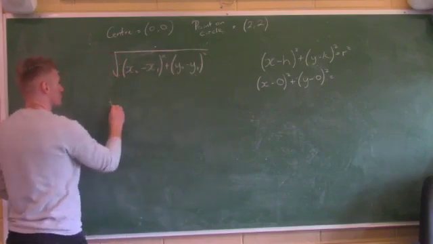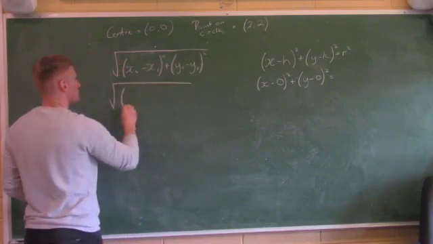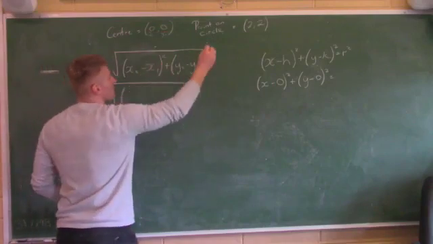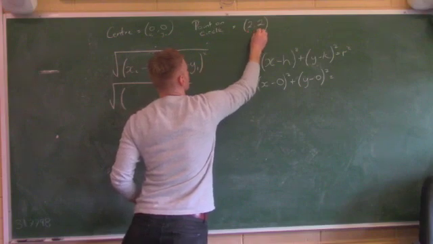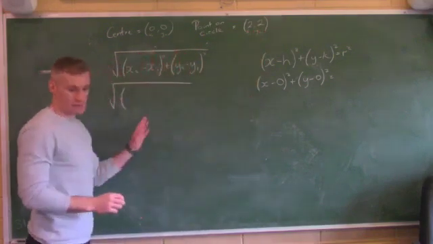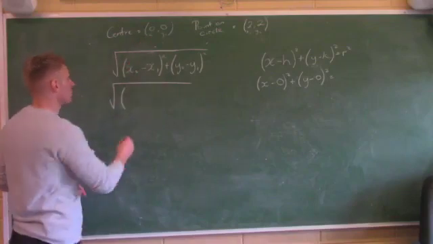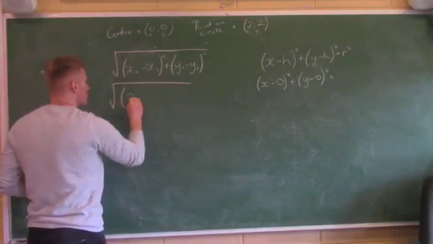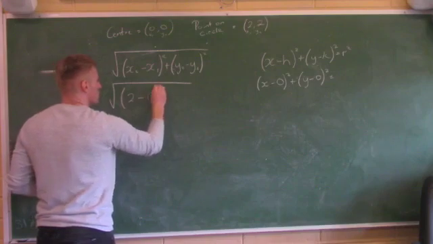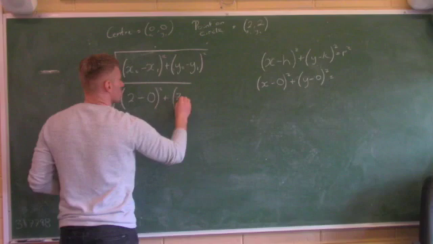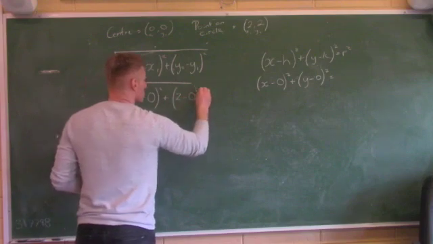We say x1, y1, then x2, y2, always x then y. So x2 is 2 minus 0 squared plus 2 minus 0 squared.